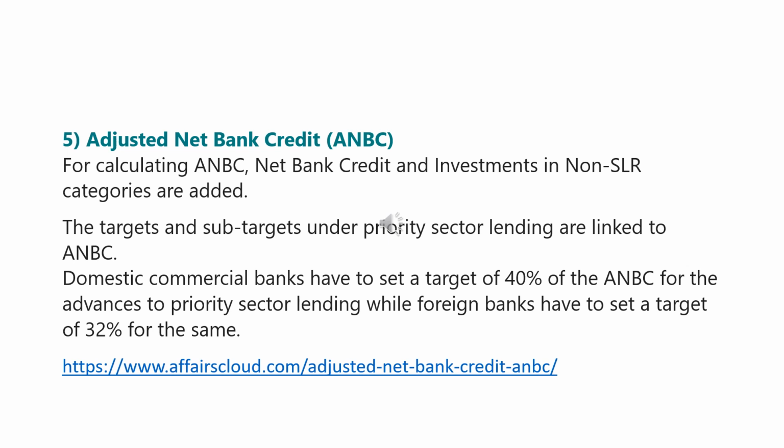Domestic commercial banks have to set a target of 40% of the ANBC for advances to priority sector lending, while foreign banks have to set a target of 32% for the same. So this is about adjusted net bank credit.